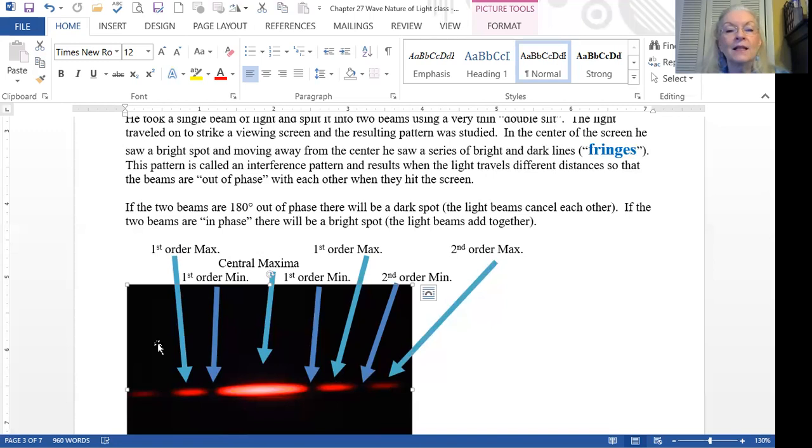Depending on the brightness of the laser that you use and the darkness of the room, sometimes you can see quite a few of these patterns, and sometimes you're lucky to get one or two. So again, we'll need to be able to locate the central maxima, the first order maxima, and the first order minima, as well as second order minima and second order maxima. You need to know how the counting goes in this.